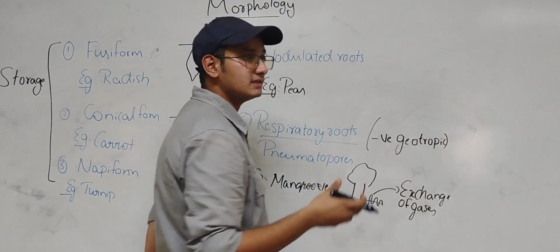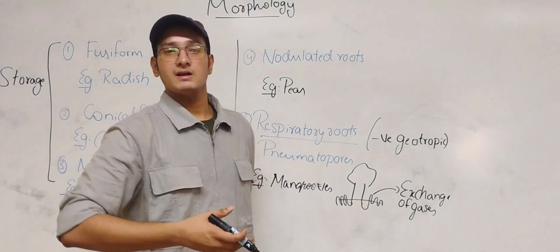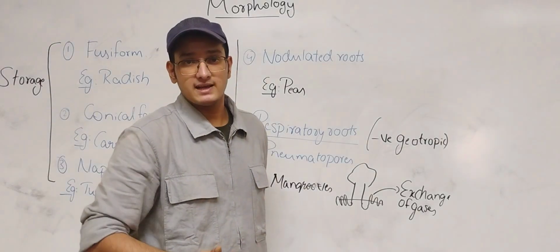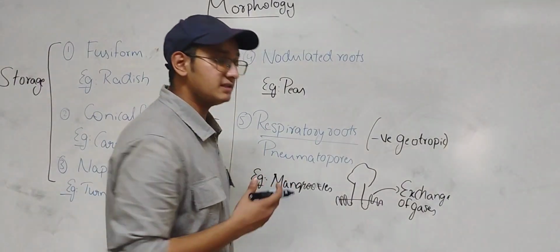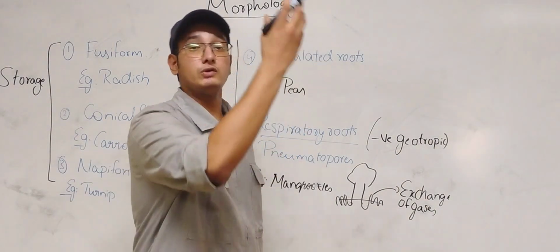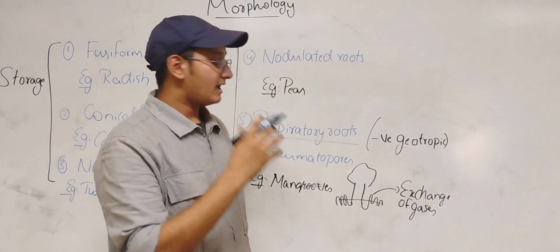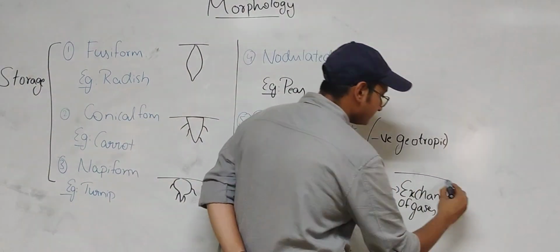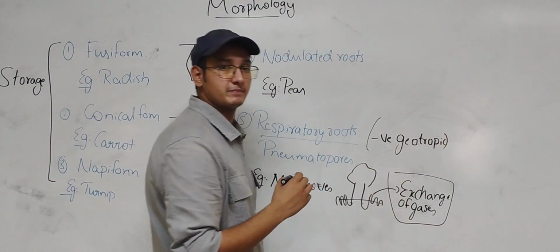If the roots inside the soil don't get enough exchange of gases, they will die, right? That's why they developed a different mechanism. They came out of the soil against gravity and started exchange of gases.